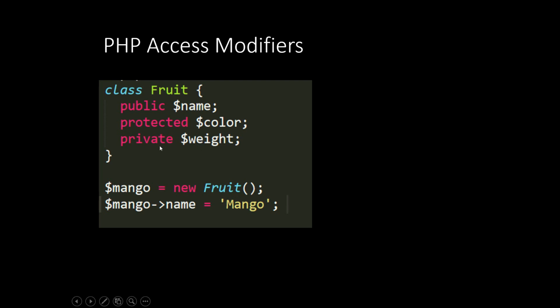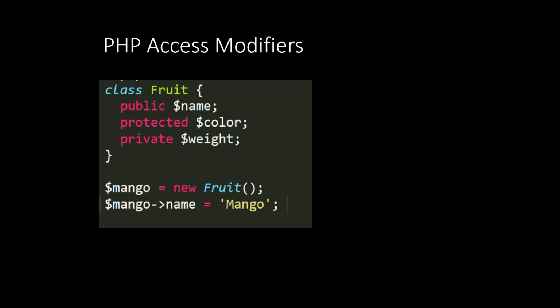So if we create the object of that class with the new keyword, that is mango, and access the name property through the object mango, then you will see that we can access the public property anywhere. Therefore, outside the class scope, when we create the object of that class, we can access its public property. So this program works successfully.